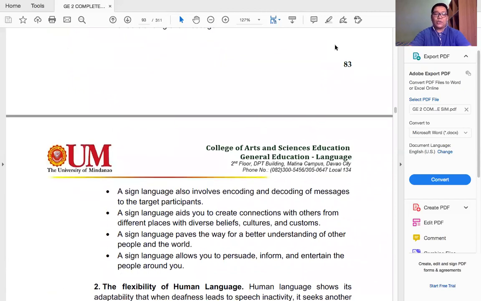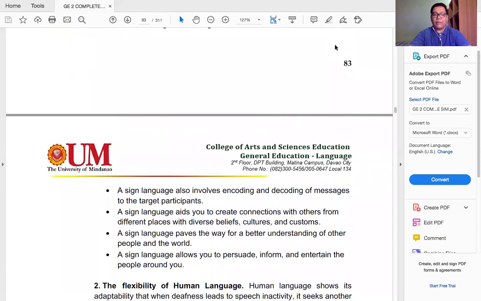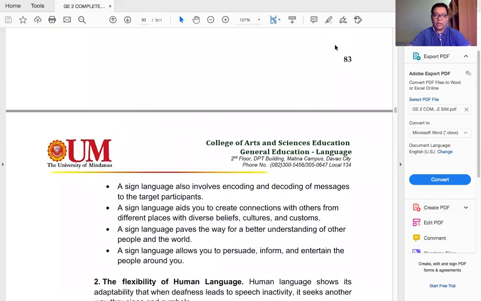A sign language also involves encoding and decoding of messages to the target participants, because messages are sent, then encoding and decoding need to happen in the communication cycle or process as well. A sign language aids you to create connections with others from different places with diverse beliefs, cultures, and customs.